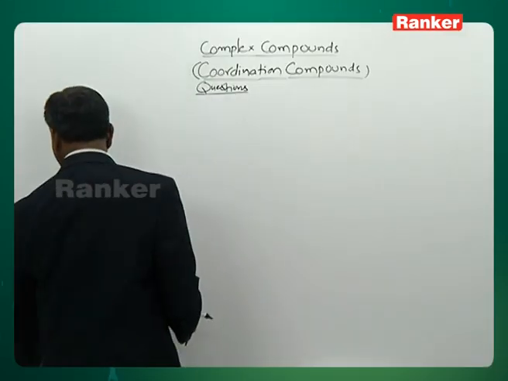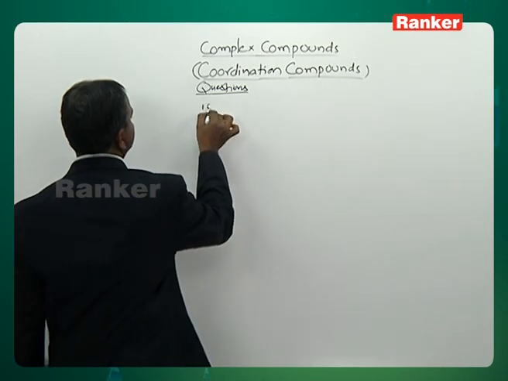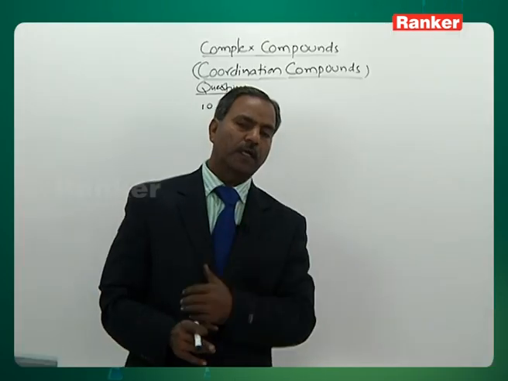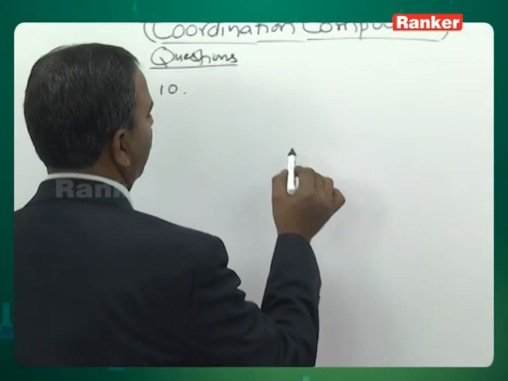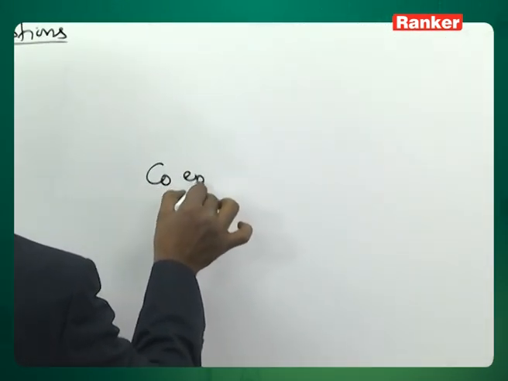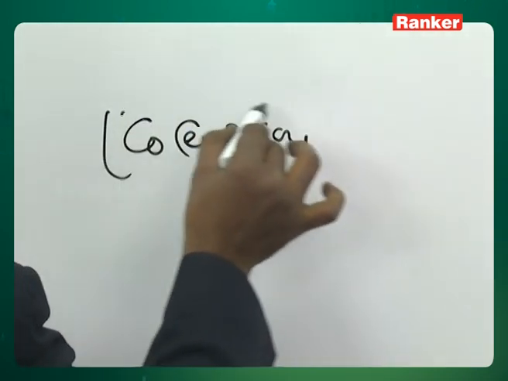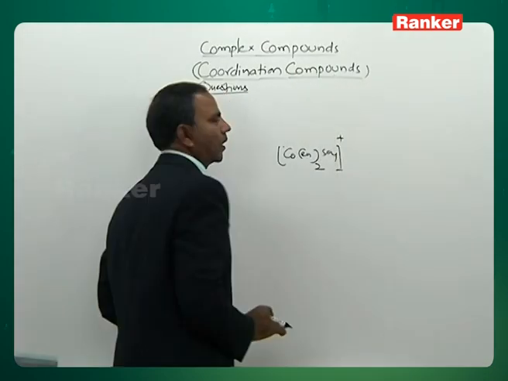Next, coming to question number 10. For [Co(en)2SO4]+, the coordination number of cobalt is: option A is 4, B is 5, C is 3, and D is none. Now we write the complex structure, Co(en) taken twice, SO4. This is the complex given.